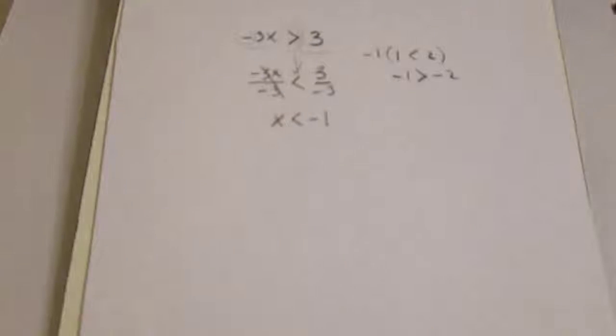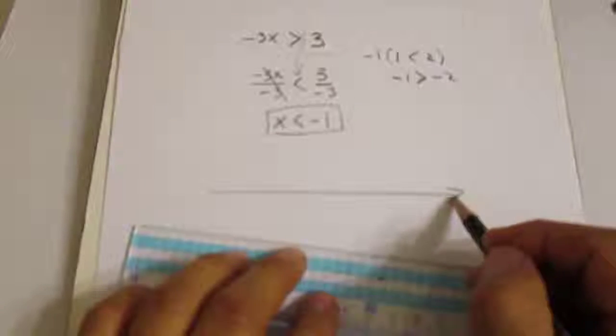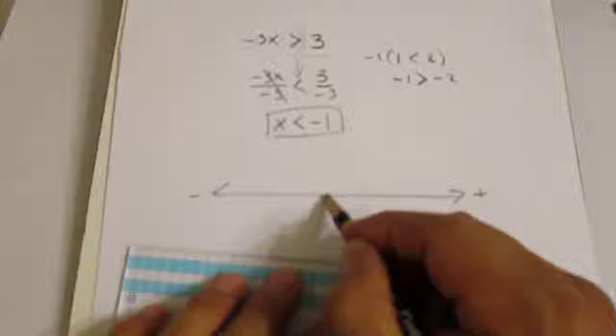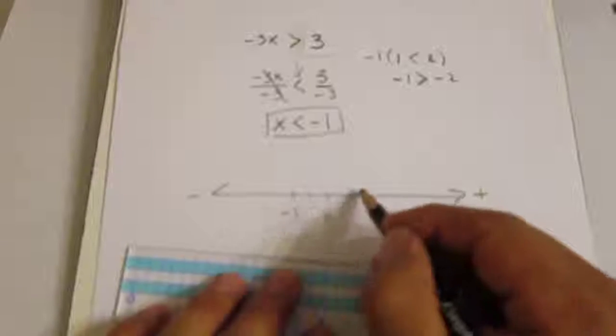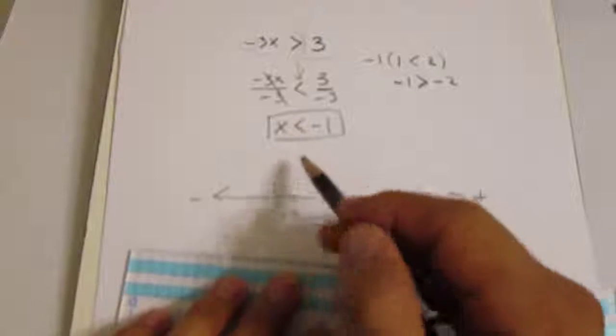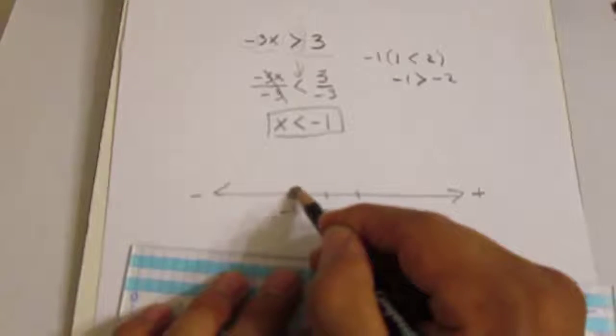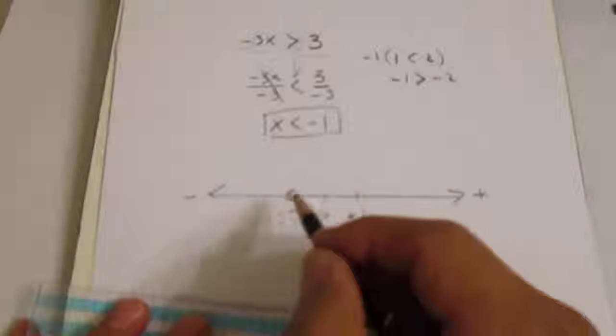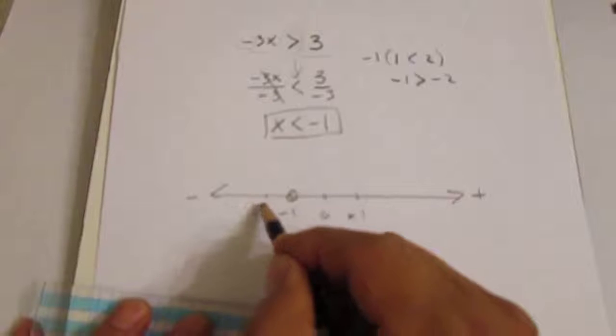So I'm going to go ahead and graph this. This time there is no equal sign, therefore I'm going to make an open circle at negative 1, and I'm going to choose a point on the left hand side.